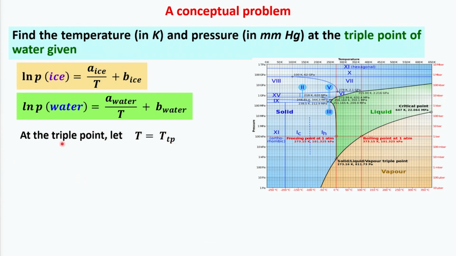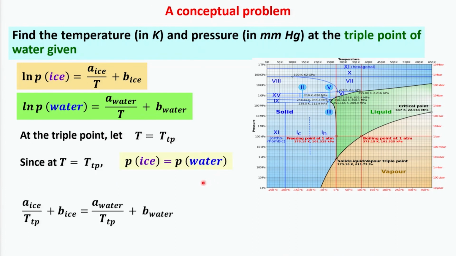Then I must have ln P ice equal to ln P water, because it is at the triple point that all three phases coexist in equilibrium. Therefore, under such a condition, whatever appears on the right hand side of this equation must be equal to whatever appears on the right side of this equation.